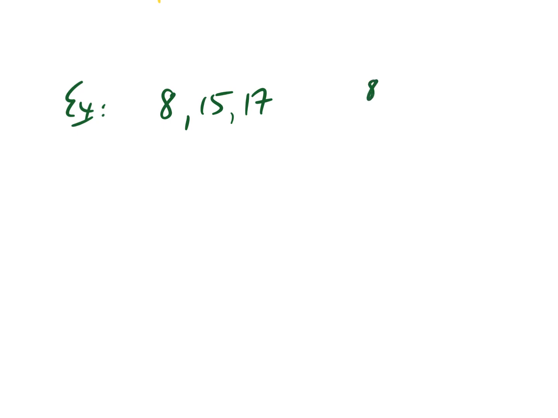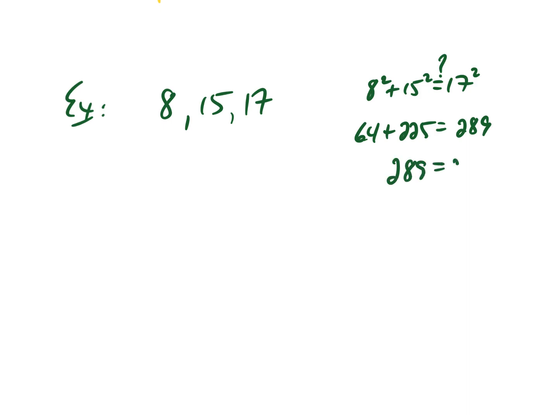Again, I'll just show you that, because 8 squared plus 15 squared really does equal 17 squared. I'll just put it as a question for now. 8 times 8, 15 times 15, and 17 times 17. So when you add 64 and 225, what you get is 289. So you can see that that's obviously true.